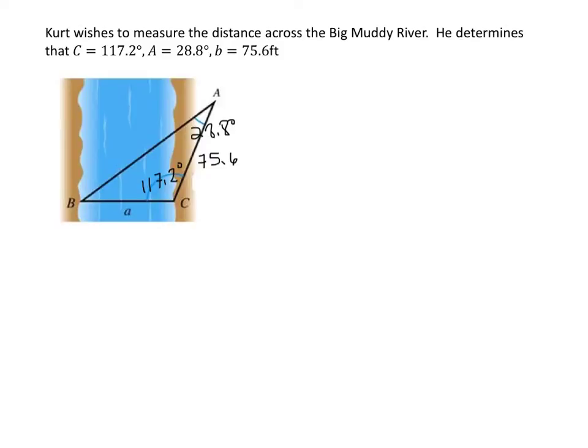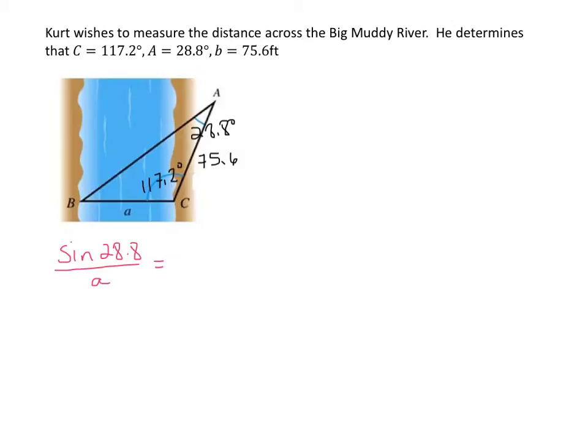First thing that I need to be aware of is, do I have all the information that I need, or do I have to calculate something? I know that I'm going to need to use the ratio sine of A over A. So that would be the sine of 28.8 over A. The question is, do I use sine of C over C, or do I use sine of B over B?